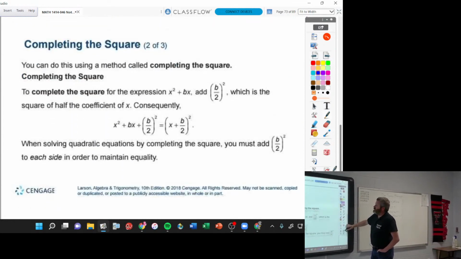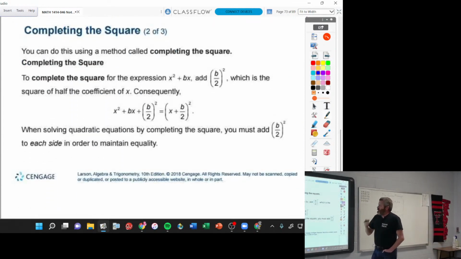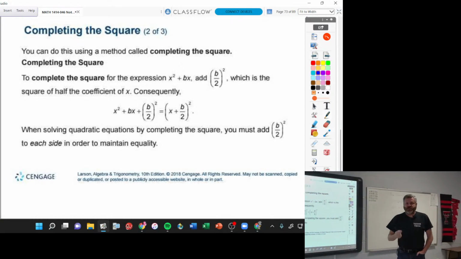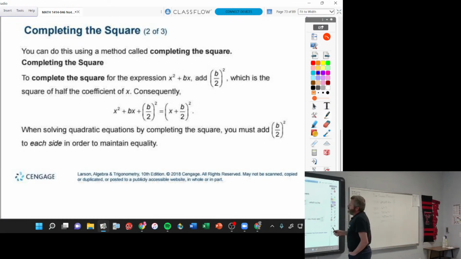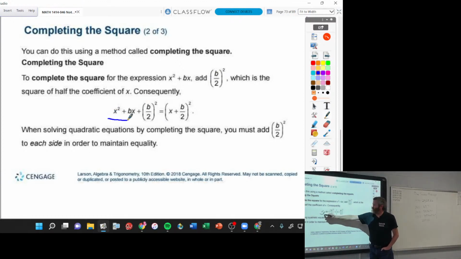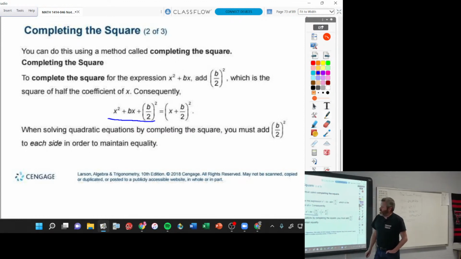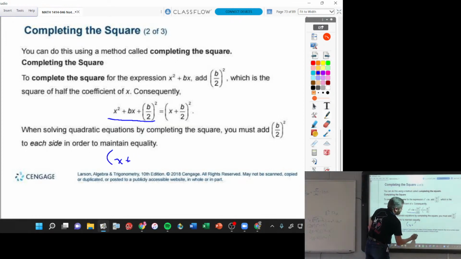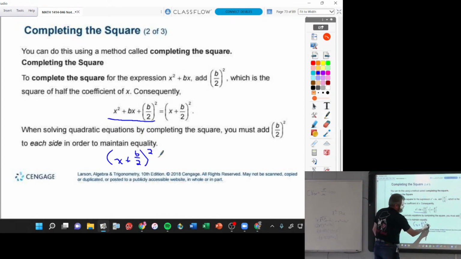So let's look at how this completing the square process works. To complete the square, if I have a quadratic that has an x squared plus bx, notice I'm ignoring the c right now. If I take my b and divide it by 2 and square that, and add that to the x squared plus bx, that will be a perfect square. x squared plus bx plus b over 2 squared will always factor into x plus b over 2, squared, which is what it says right here.